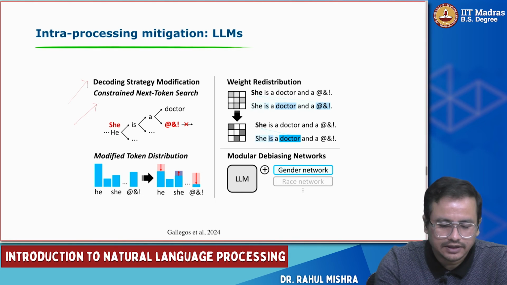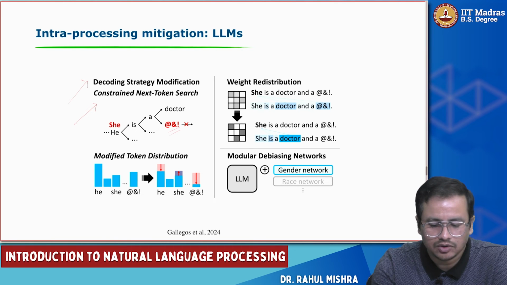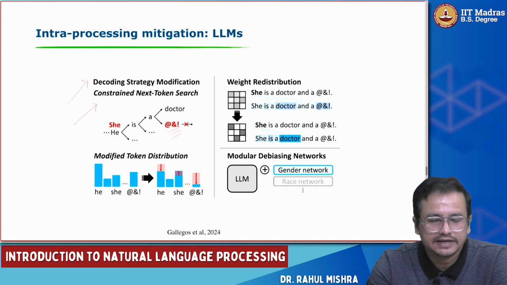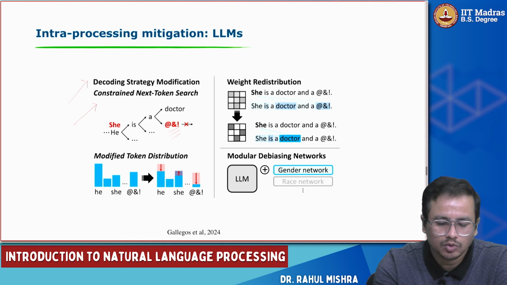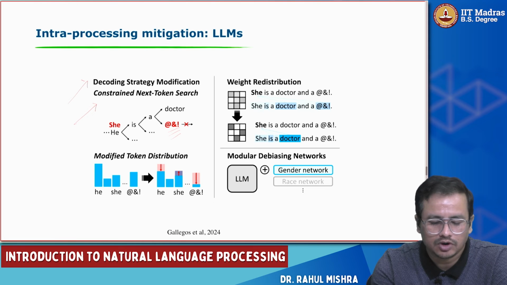So let's say he is decoded, and then is a doctor decoded, or she is decoded, and then it is decoding a slur, a slang, or a curse word. You don't want to visit this branch, right? So you can have a very intelligent way of decoding, where you don't want to explore a branch which is not good.